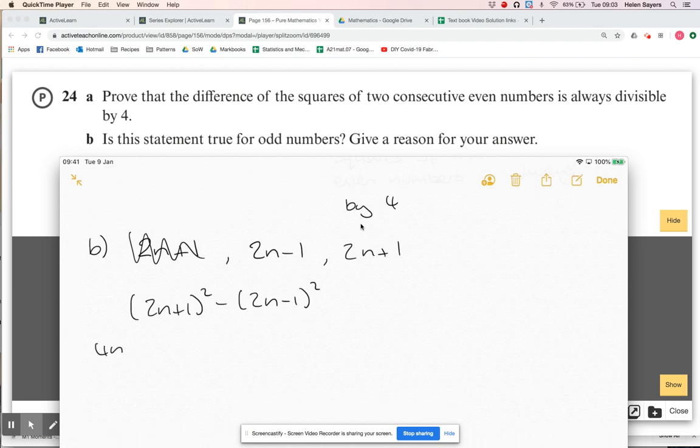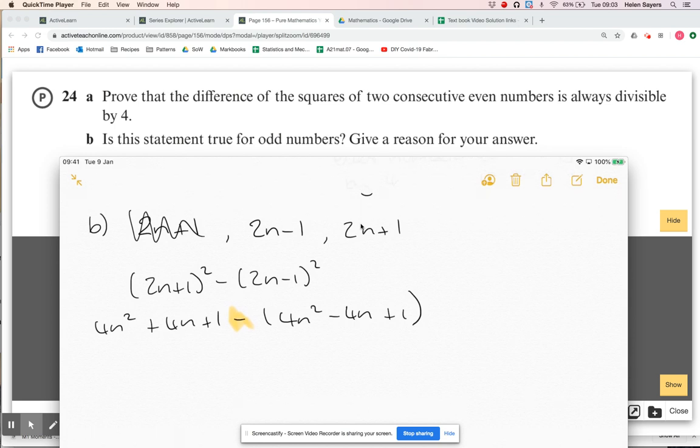So 4n squared plus 4n plus 1. And then just be really careful with the minus here. So I'll keep some brackets, because obviously that minus means I'm going to subtract everything in that second set of brackets. So I've got 4n squared minus 4n squared going, I've got 4n minus 4n, and I've got 1 minus 1.